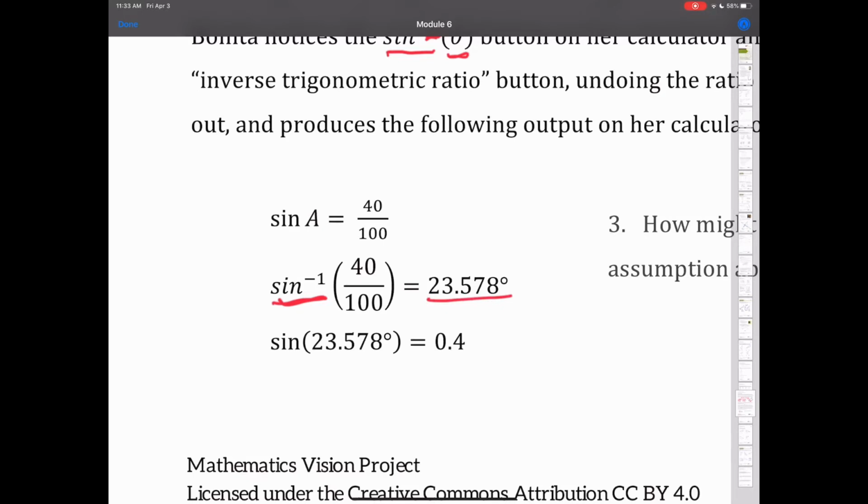And then she says, okay, I want to check my work to make sure that when I use my output as an input of the original sine function, I get my original trig ratio, 40 over 100. So she plugs that in right there, and she finds that the output is 0.4, which is in fact just the decimal version of 40 over 100.